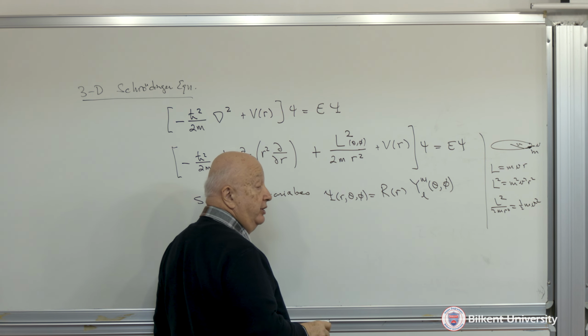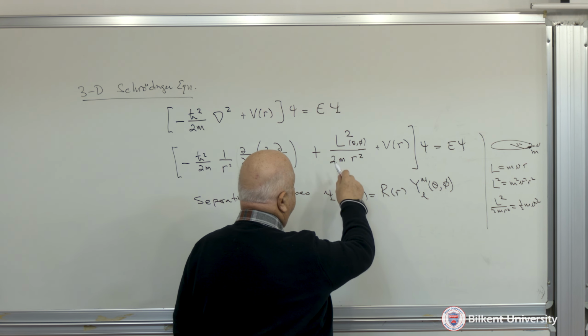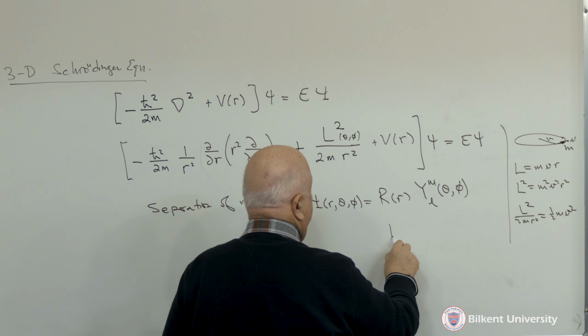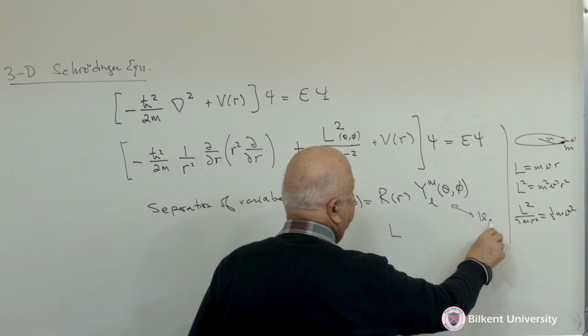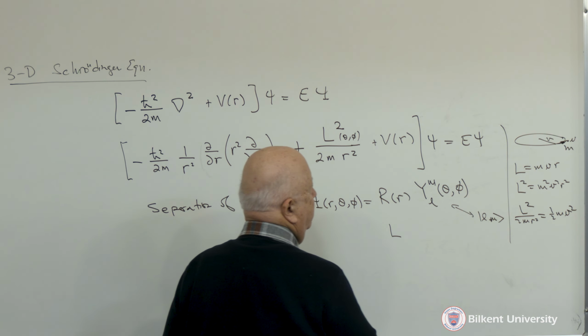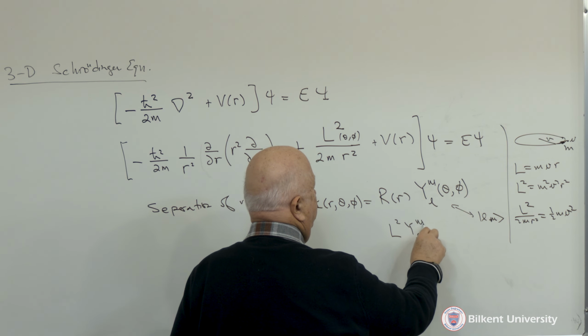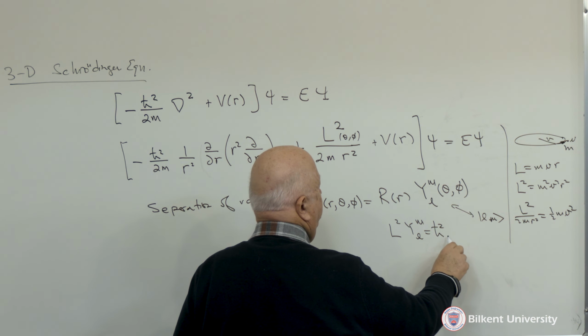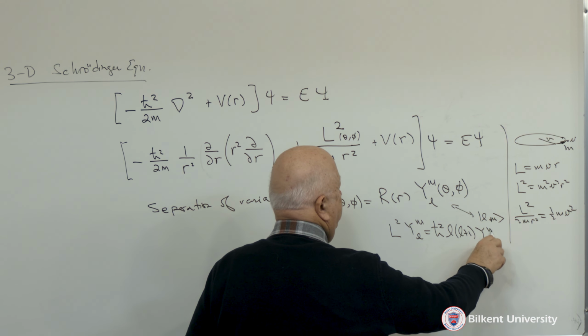So these were the spherical harmonics, right? And the spherical harmonics correspond to what we are calling these |l m> in Dirac notation. So L squared Y_lm gave us h bar squared l(l plus 1) times Y_lm.